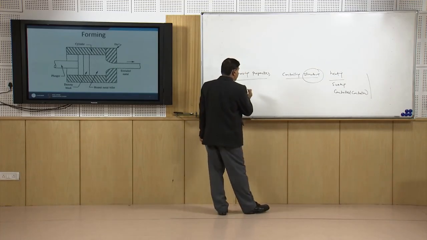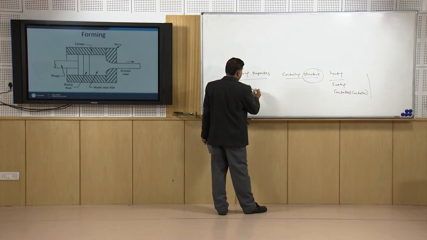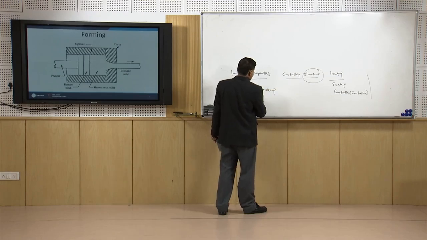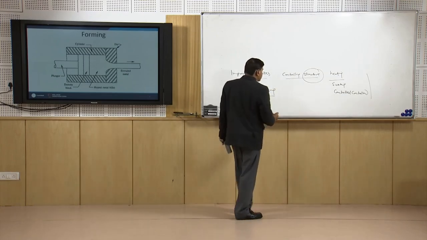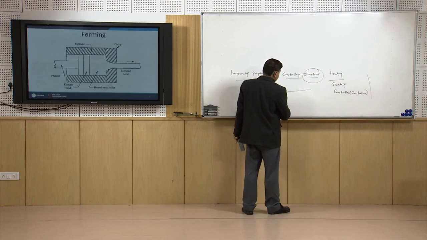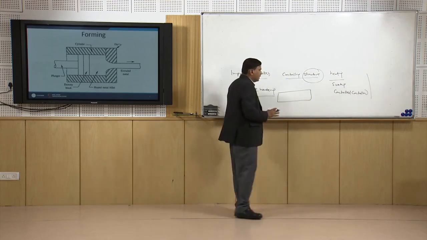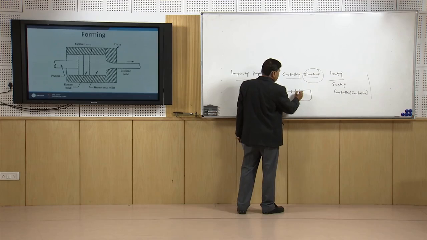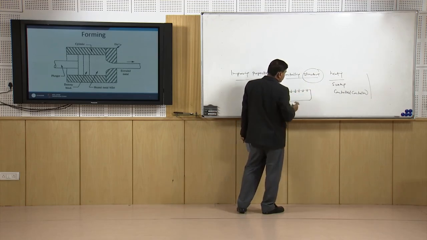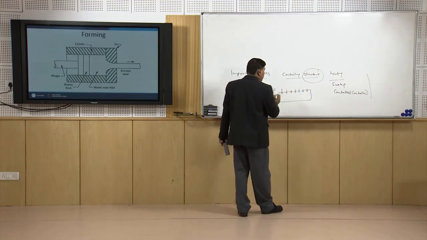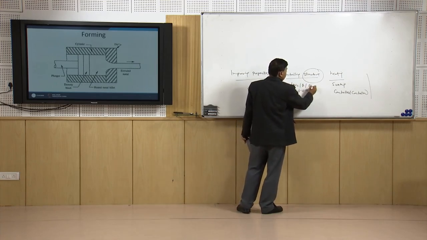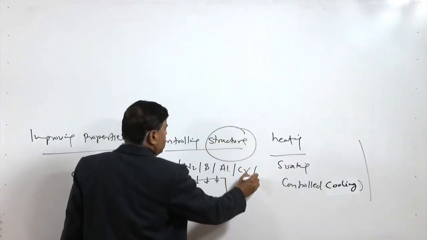And for case hardening, the surface whose properties need to be improved, we either apply heat, so that the structure of the near surface layers is modified, or we introduce carbon, nitrogen, boron, aluminum, chromium, silicon.